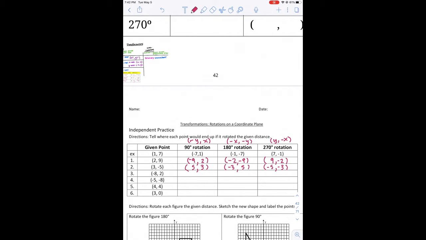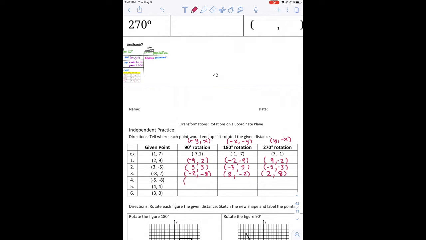All right, take a moment, pause the video, and fill out the rest of this chart. Hopefully you've paused the video and you filled it out. I'm just going to whip through 2 more rows of answers, really quickly without explanation, so I don't waste too much of your time. So problem 3, the answers would be (-2, -8), (8, -2), and (2, 8).